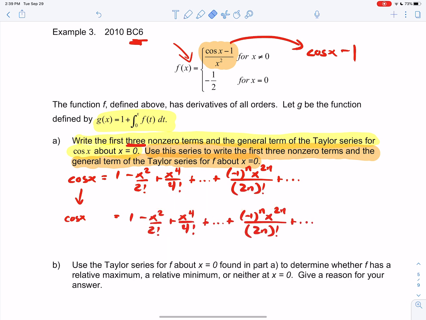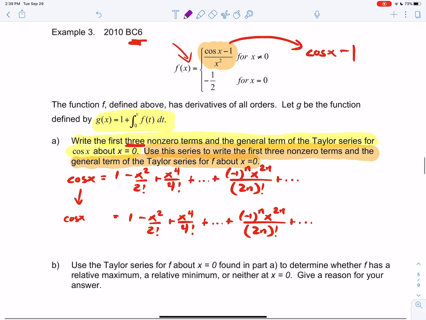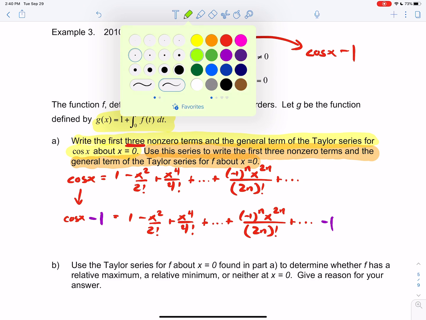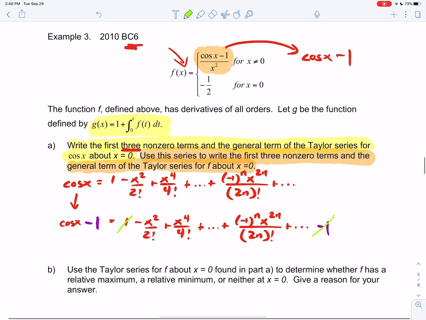So let me get rid of the highlight. All right. If I wanted cosine x minus 1, I'm just going to put a minus 1 there. And what I do to one side, I do to the other. But notice how the red 1 at the beginning and the minus purple 1 at the end will cancel out. Boom and boom. So I'm actually going to erase those.